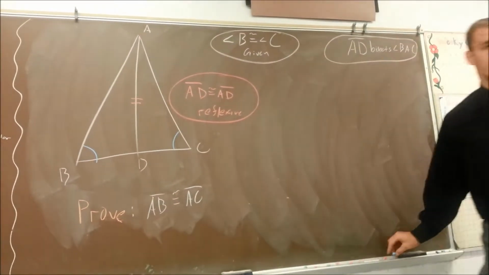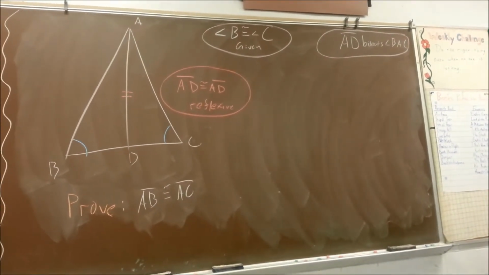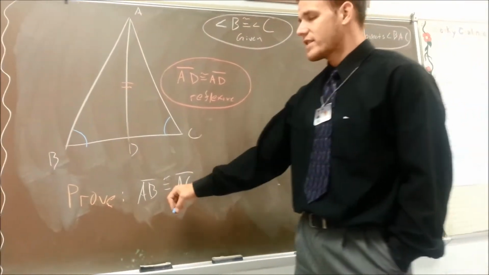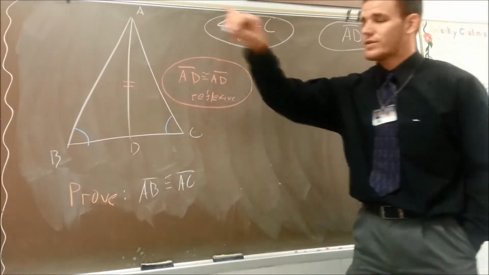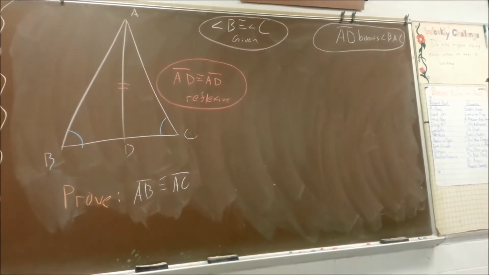Give me another pair of things that are congruent. Yes, sir. AB, AC. That's what we're trying to prove. We can't use that theorem because we're making that theorem.